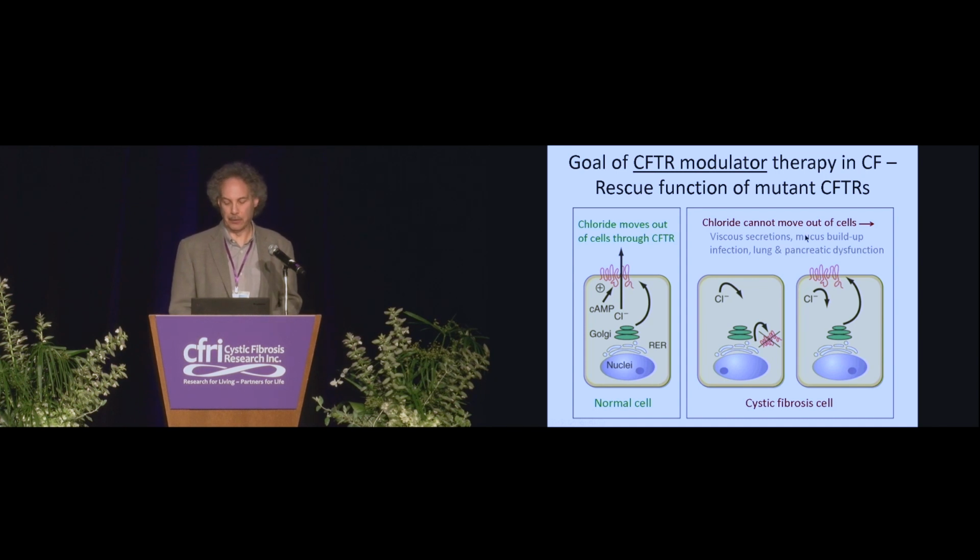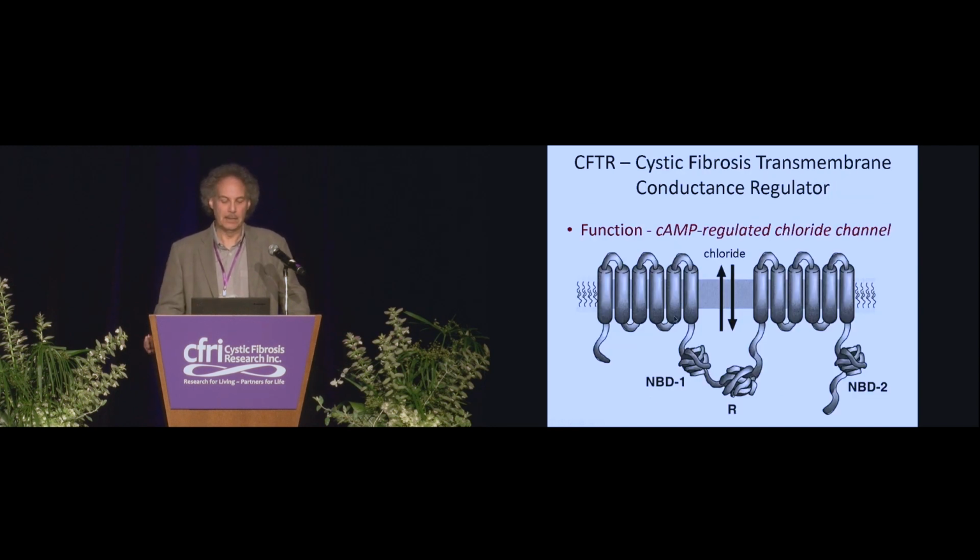Chloride cannot move out of cells, leading to the disease manifestations, including viscous secretions, mucus buildup, infection, and so forth. So the goal of CFTR modulator therapy is to make the cell on the right look like the cell on the left.